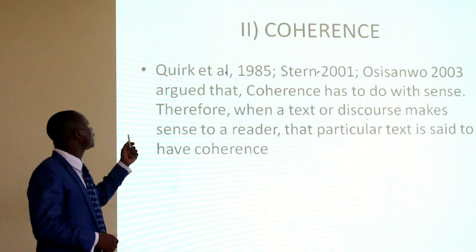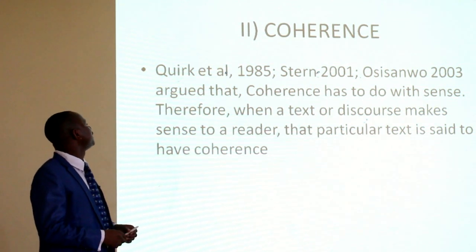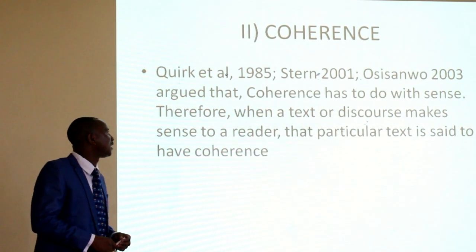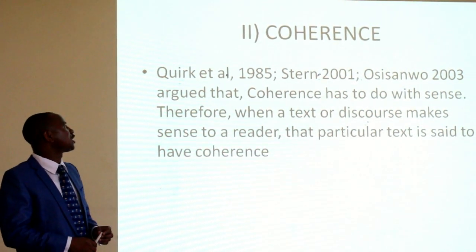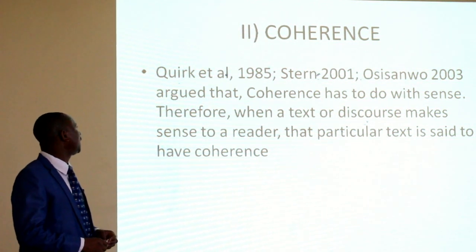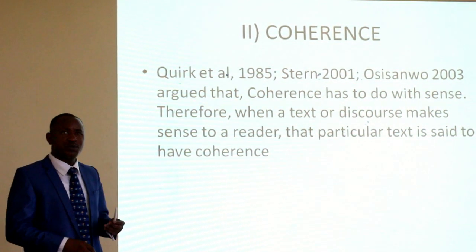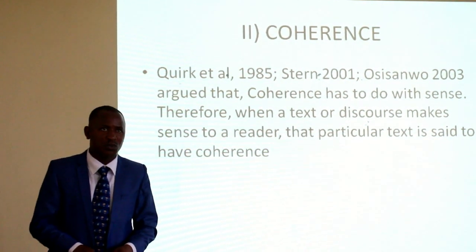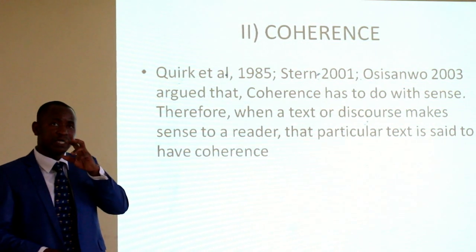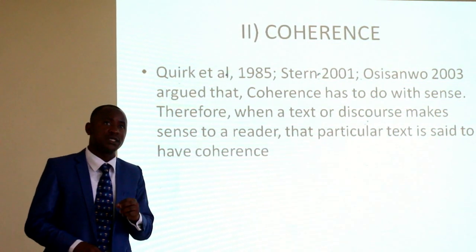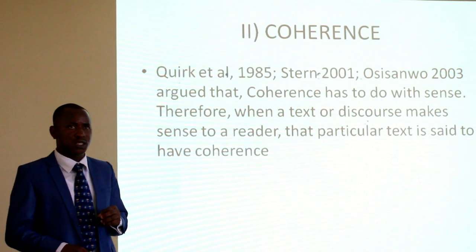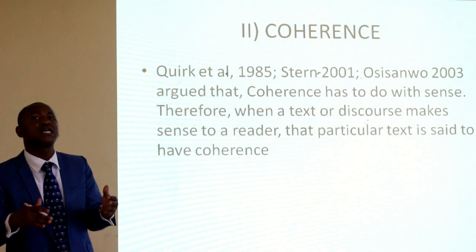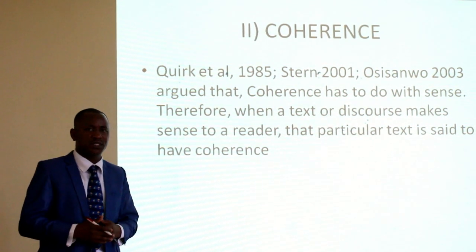Here, Quirk et al. 1985, 2001, and Osisanwo 2003 argued that coherence has to do with sense. Those three writers agreed that coherence has to do with sense. Therefore, when a text or discourse makes sense to a reader, that text is said to have coherence.